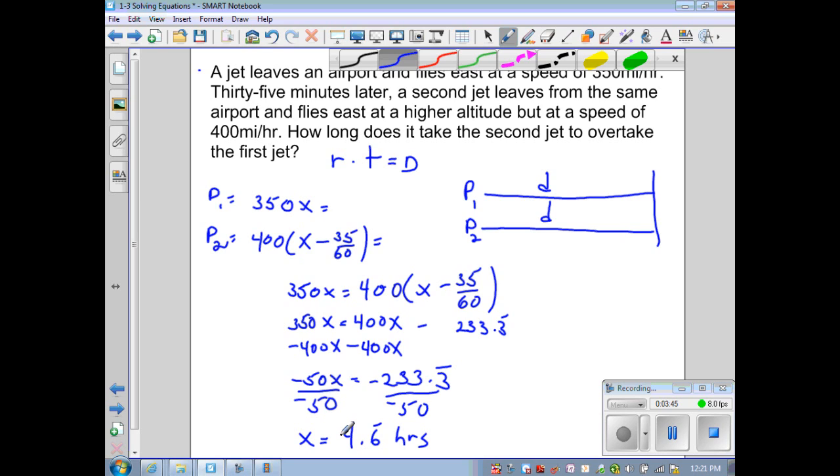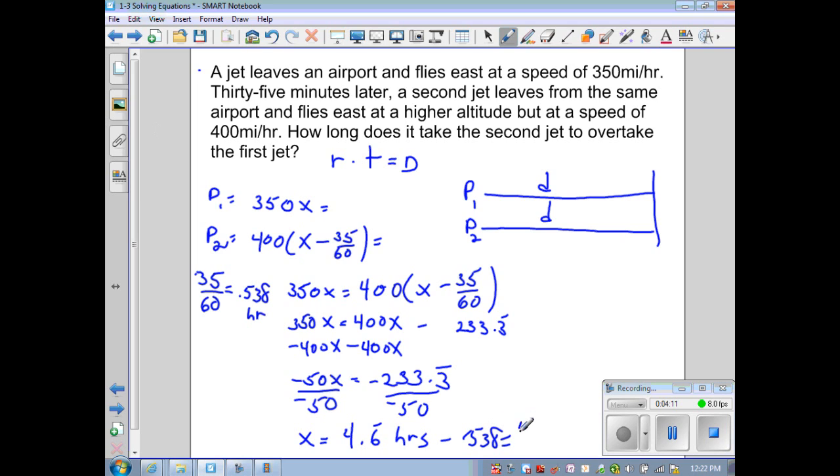But 35 divided by 60 is going to equal 0.538 hours. So we're going to subtract that from 4.6 hours, and I get 4.13 hours.